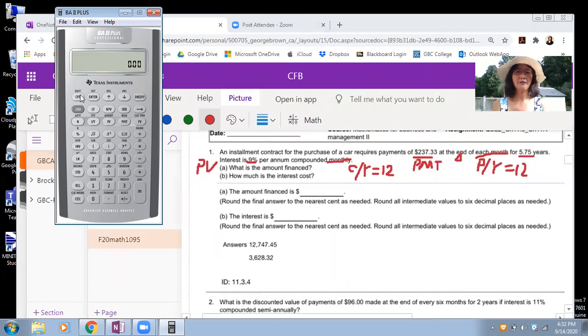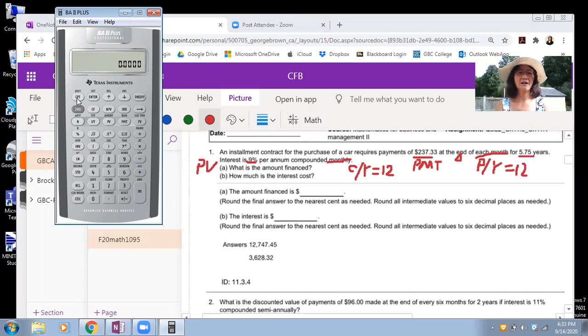For accuracy, we usually ask for 4 decimal places. Right now, the calculator has 2, so I'm going to change to 4 decimal places. You click second, format. Now you have DEC, type in 4, and then enter. Then second, quit. Now it is 4 decimal places.